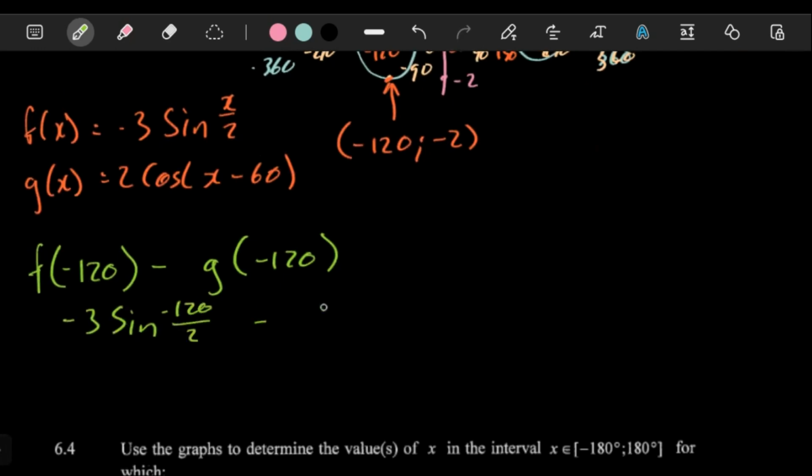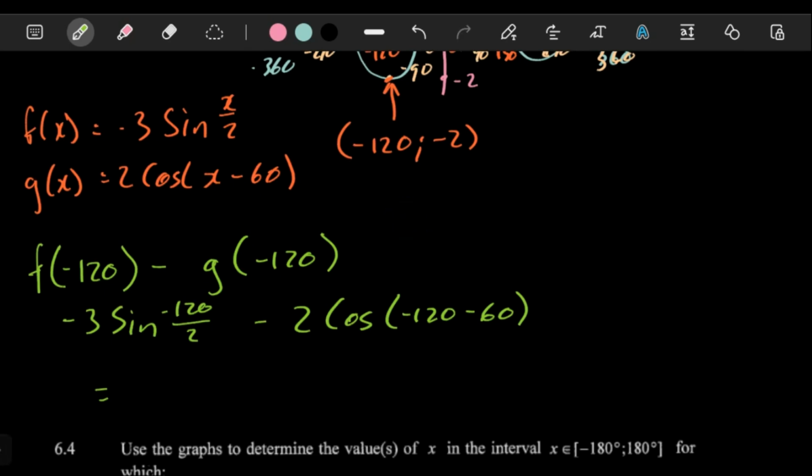And then for g, we're going to have 2 cos of (-120 minus 60). You may want to just put all of it in the calculator all at once. No need to do any funny business. You're just going to throw all that in there.